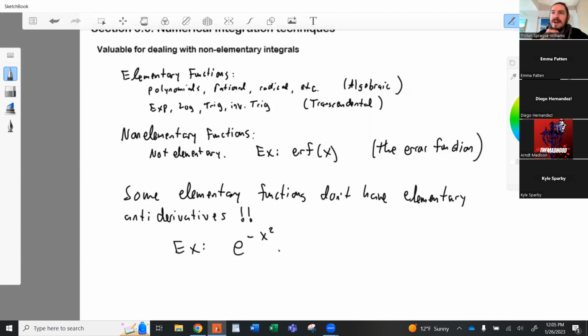E to the power negative x squared is an elementary function. It's a composition of an exponential and a power function. No problem. It's elementary. It can be written in terms of these functions. But it doesn't have an elementary antiderivative. There is no antiderivative for this function that we can write down in terms of exponentials and logs and trigs and power functions and so on.